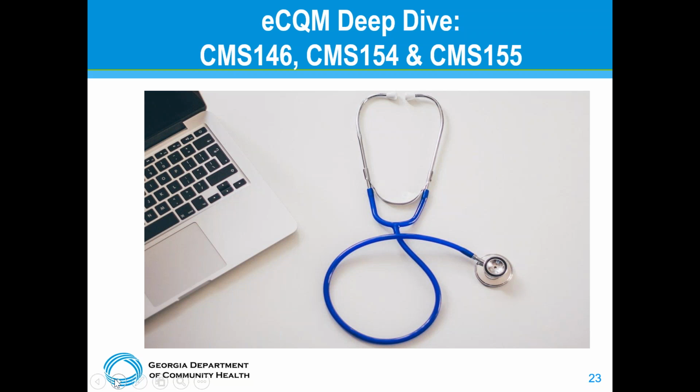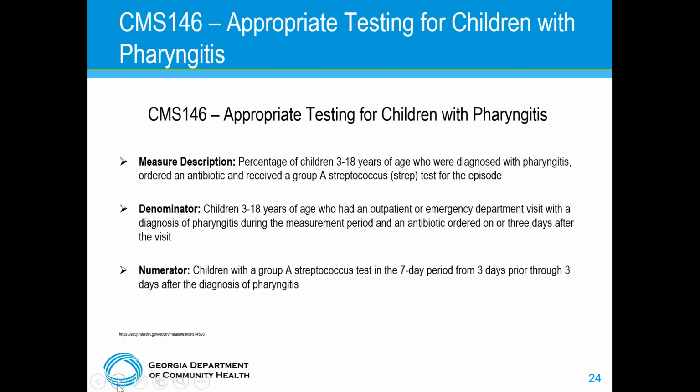The first measure that we're going to take a deep dive into is CMS 146, appropriate testing for children with pharyngitis. This measure is looking for the percentage of children 3 to 18 years of age who were diagnosed with pharyngitis, ordered an antibiotic, and received a Group A streptococcus test for the episode.